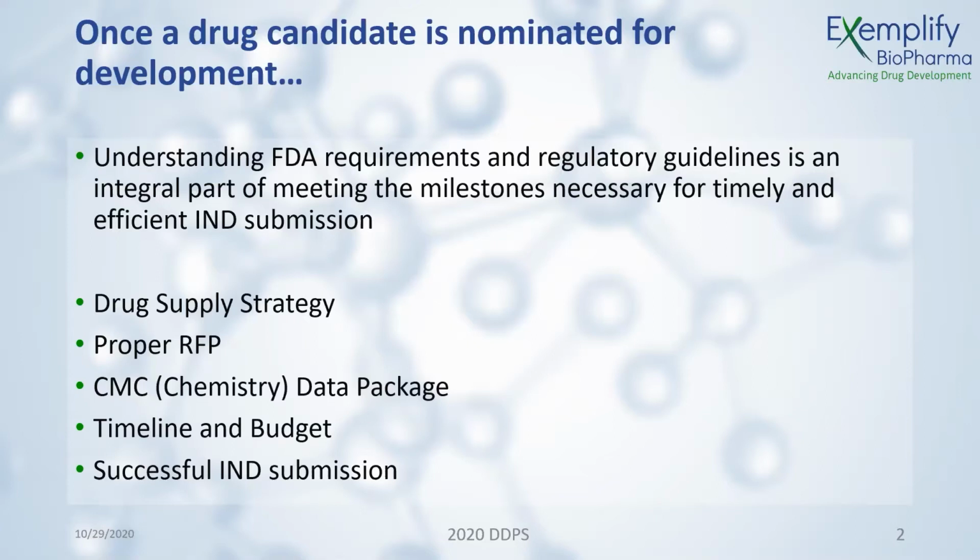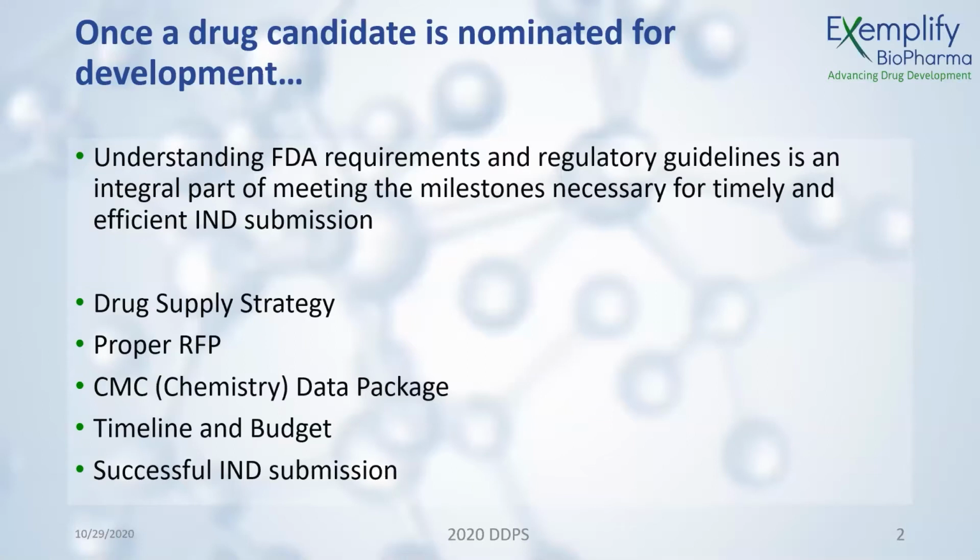I think having this understanding will really help you with drug supply strategy. Do you make a GLP batch and a GMP batch in the same batch, or do you make separate batches? How do you send a proper RFP, request for proposal, to your CROs and CMOs? What is a proper CMC, which stands for chemistry, manufacturing, and control, data package?